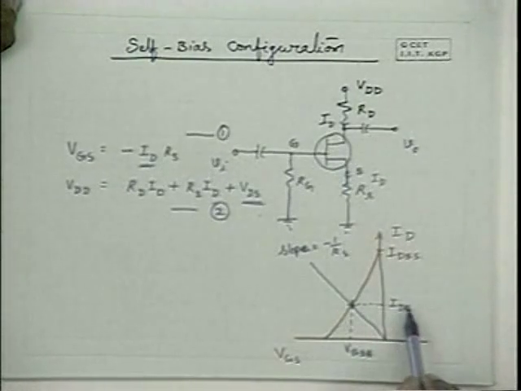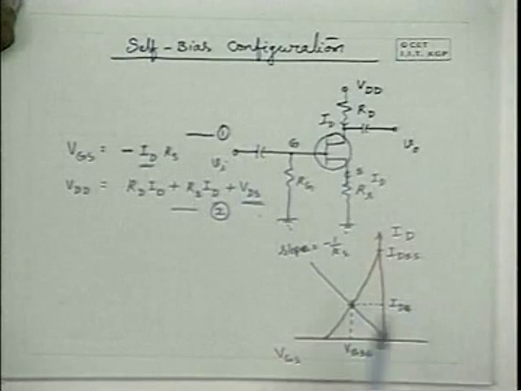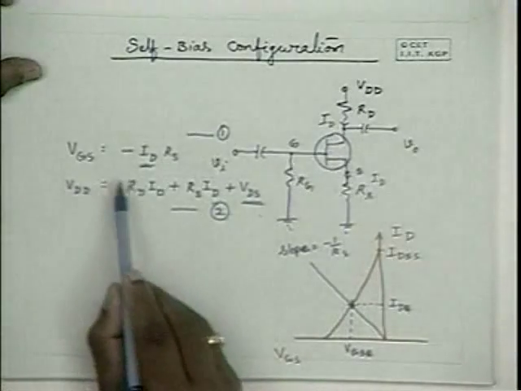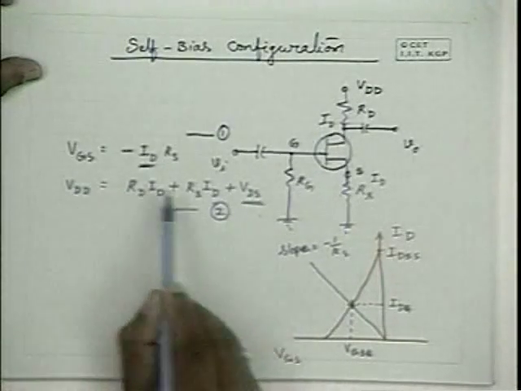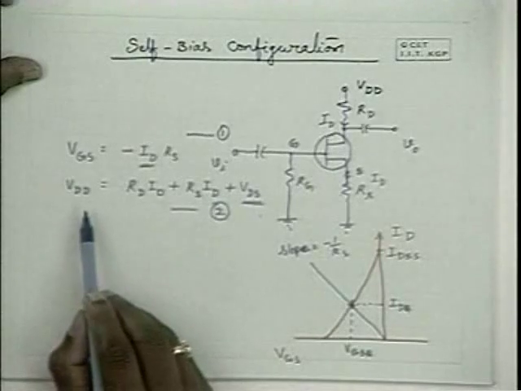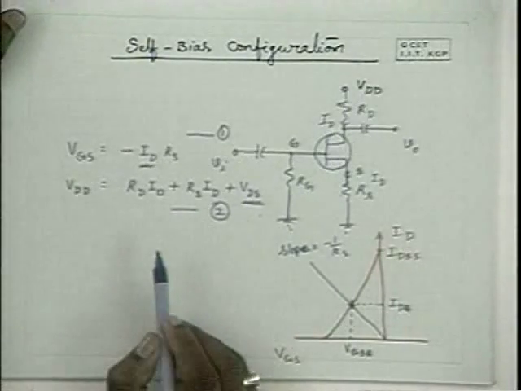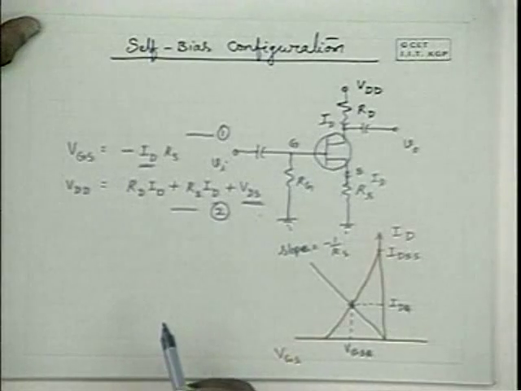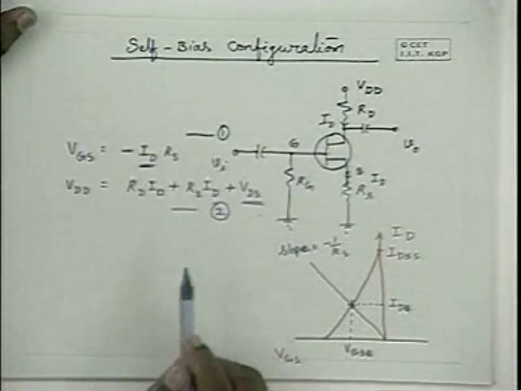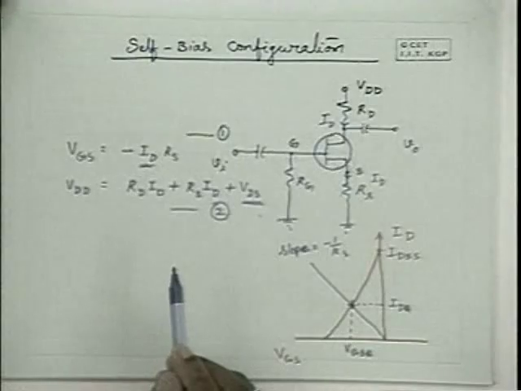And once IDQ is fixed, we can compute VDS by substituting IDQ in this equation. Hence the Q point can be determined.